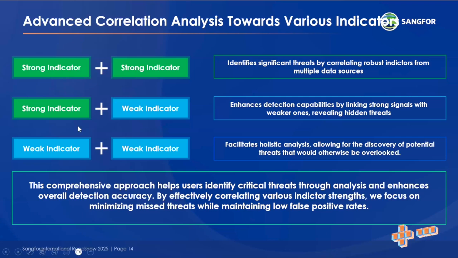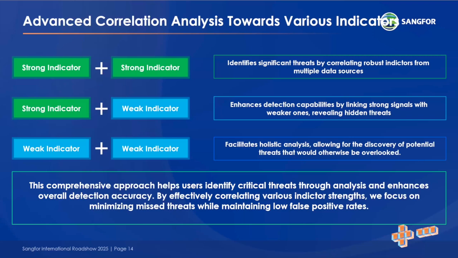The logic is very interesting. If you log in to the website and you connect to another device, each is a weak indicator. If you look at them separately, they are just normal operations. But if there is access to your website 10 times within 1 minute, it's not so weak anymore. We combine different weak indicators into one strong indicator, and from strong indicators we determine there is a threat, we need to focus, and we give different priorities.